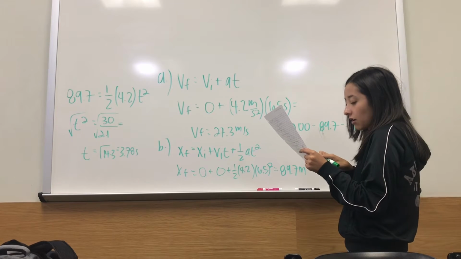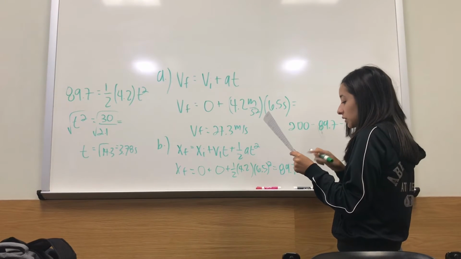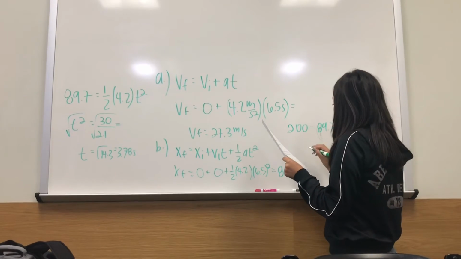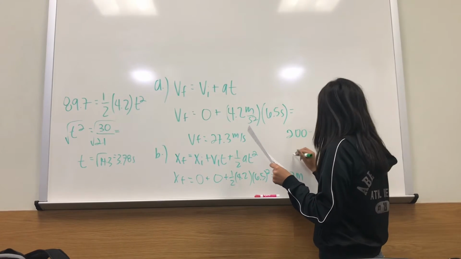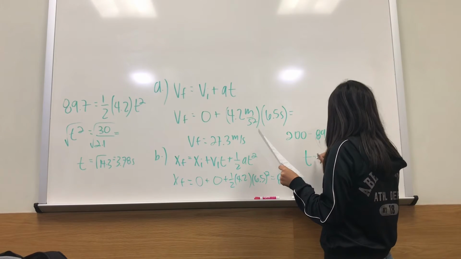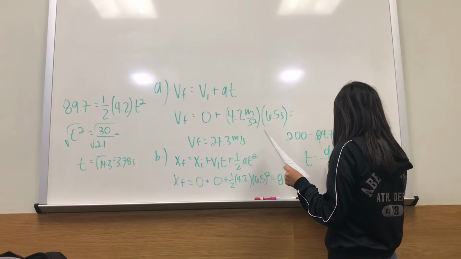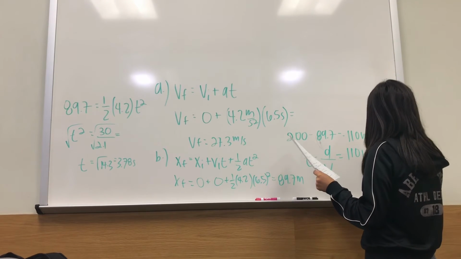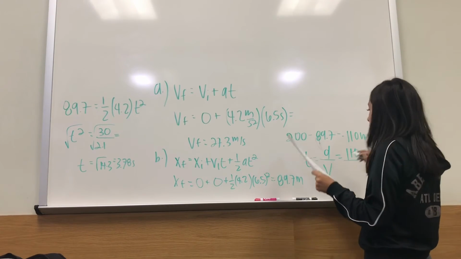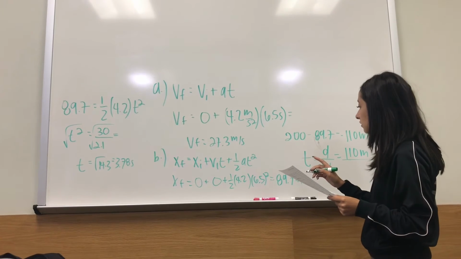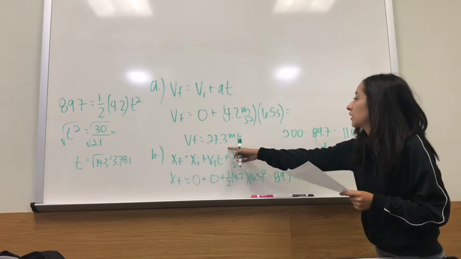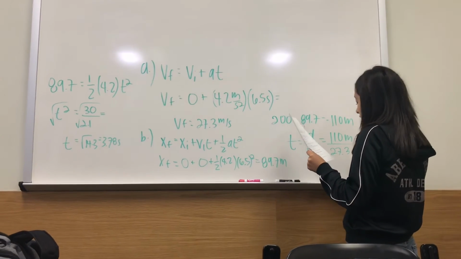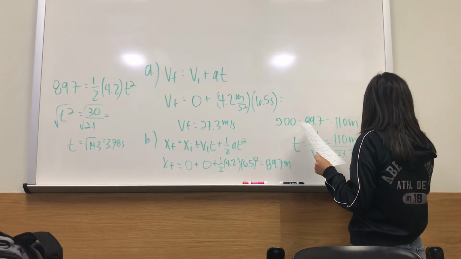So to find our time, we can use velocity equals displacement over time. So when you solve for t, it's just d over velocity, and so that gives us 110 meters over 27.3, which we found here, and then that should give you 4.02 seconds.